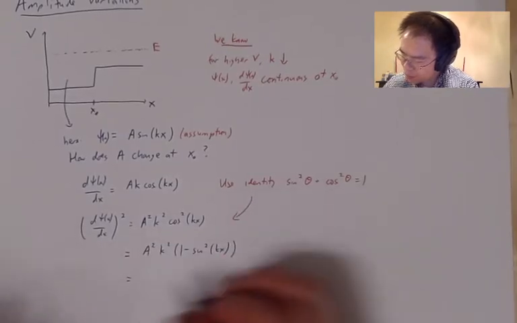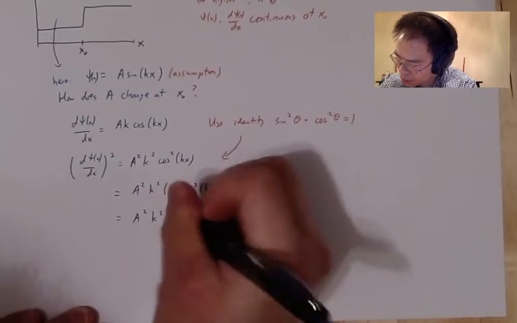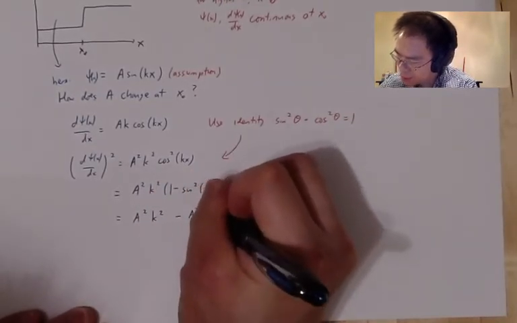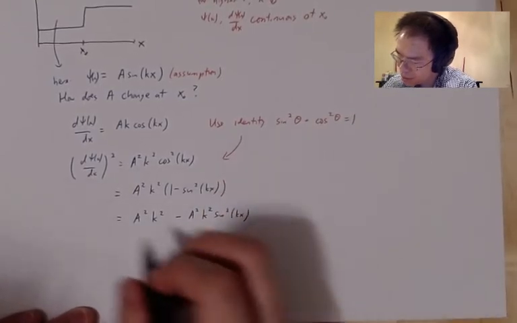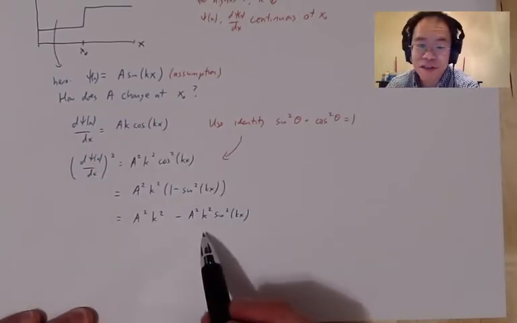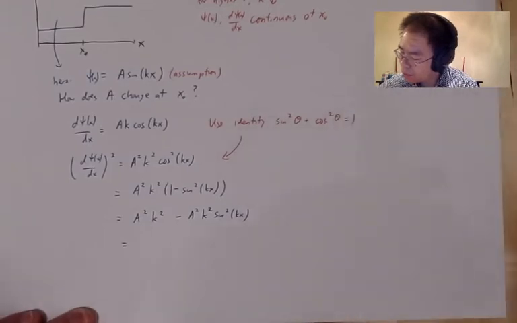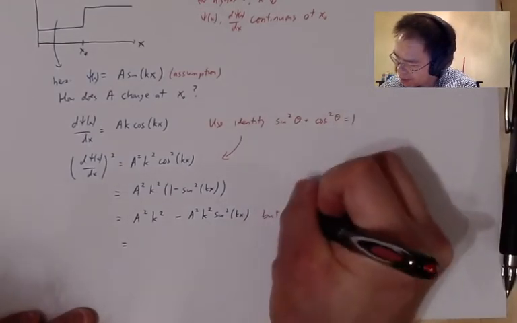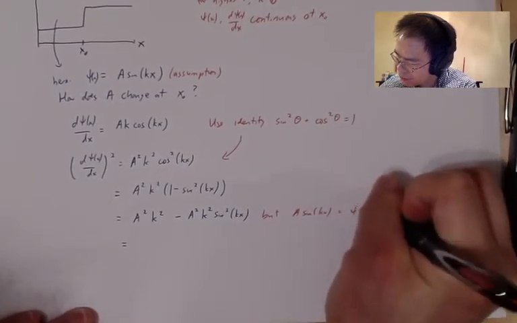And if I multiply this through, then I get A squared k squared minus A squared k squared sine squared kx. But here's the thing, this is just k squared times our wave function squared, because A sin kx equals psi of x.